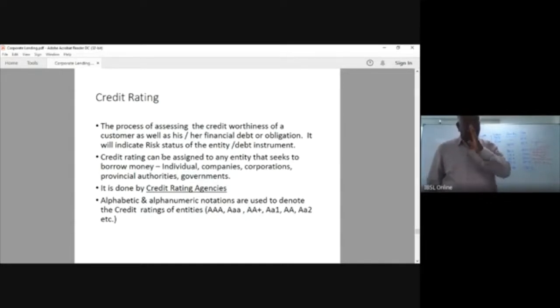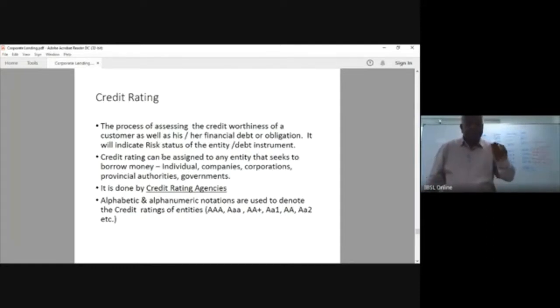For Sri Lanka, the credit rating was done by an international credit rating agency. So even for the government, you can do the credit rating. Anyone who intends to borrow, this credit rating can be assigned.